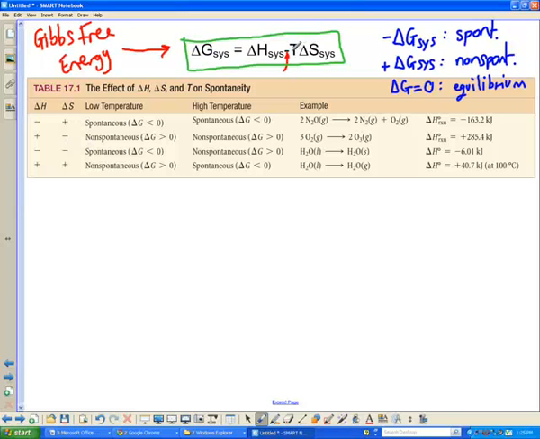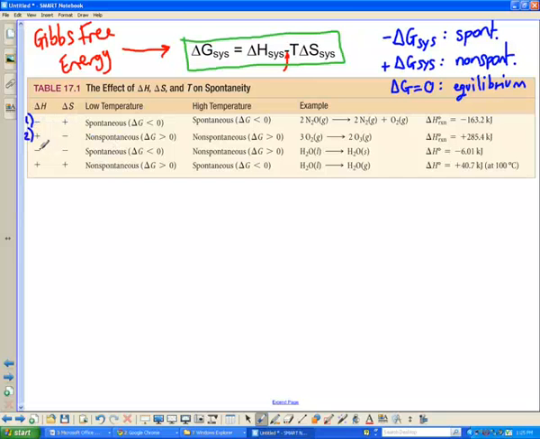So you've got positive here and positive here. That's going to give a positive delta G, again, irrespective of the temperature. All right. So for the first situation, we have always spontaneous, no matter what the temperature is. The second situation, we have a reaction that's always non-spontaneous, again, irrespective of what the temperature is.